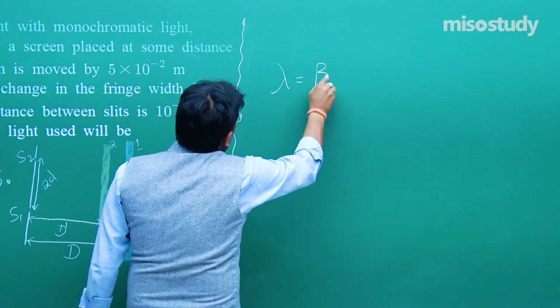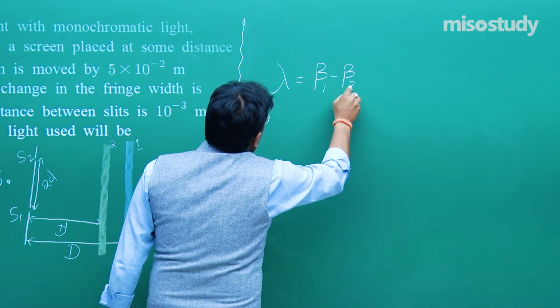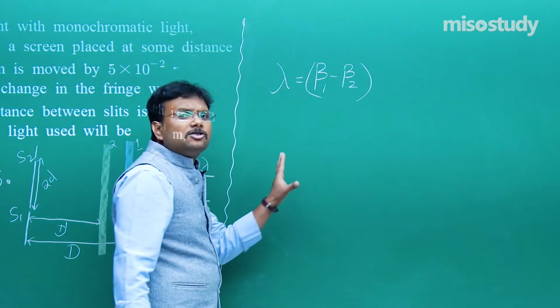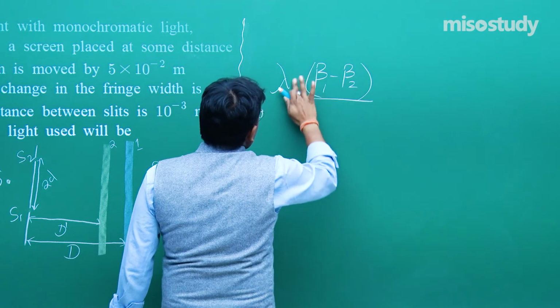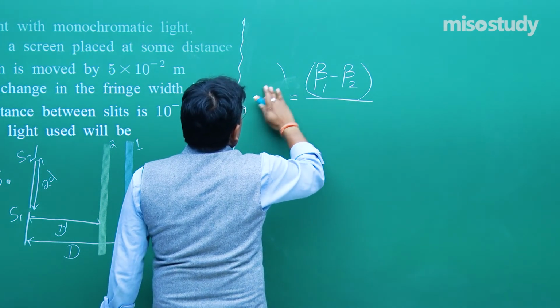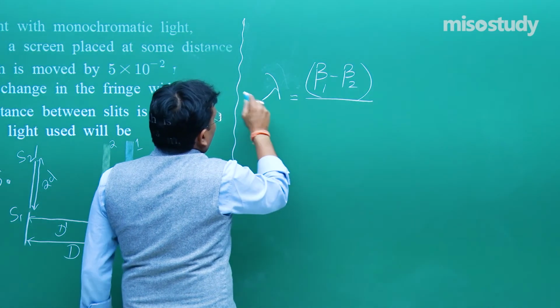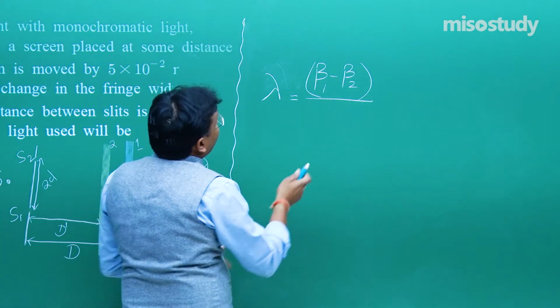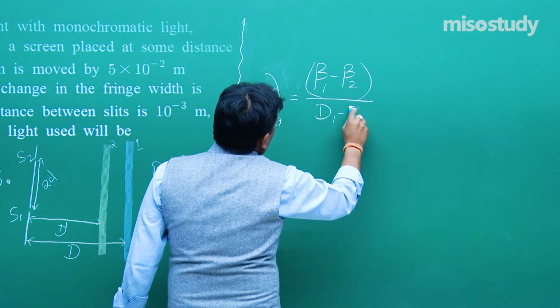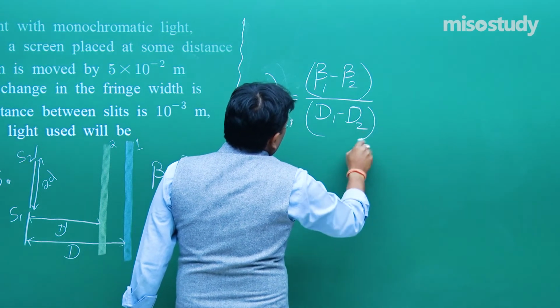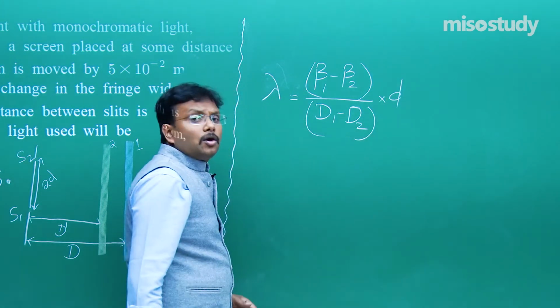Lambda is equal to beta 1 minus beta 2, simply an arrangement of the terms, nothing else, upon D1 minus D2, into d or 2d.